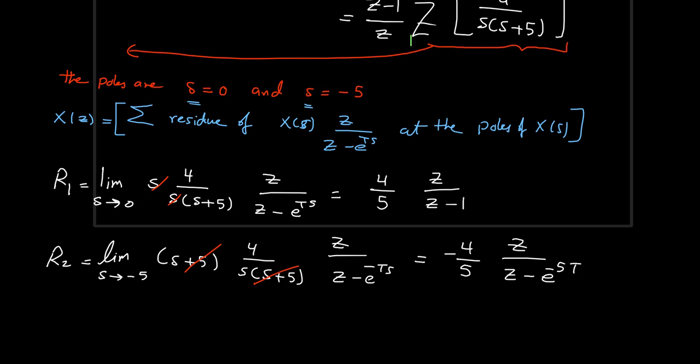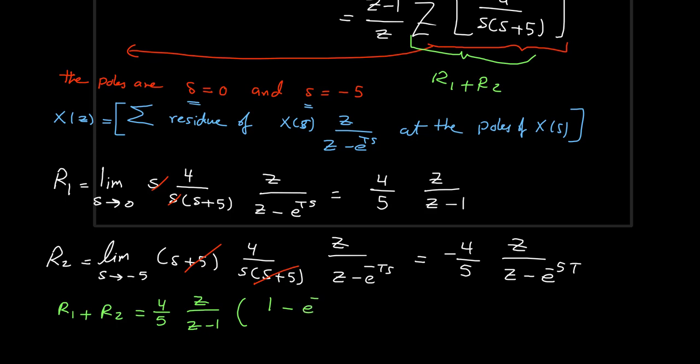So now we need to calculate this one. This one will equal R1 plus R2. So R1 plus R2 will equal 4 over 5 z over z minus 1 multiplied by 1 minus exponential minus 5T over z minus exponential of minus 5T.